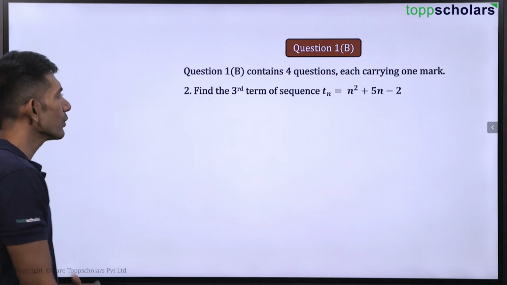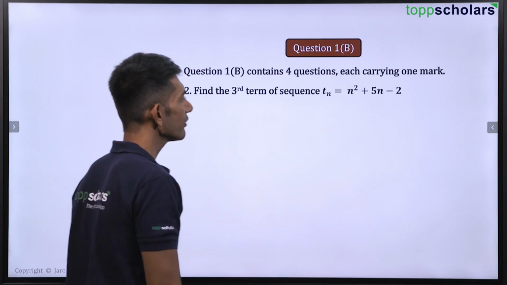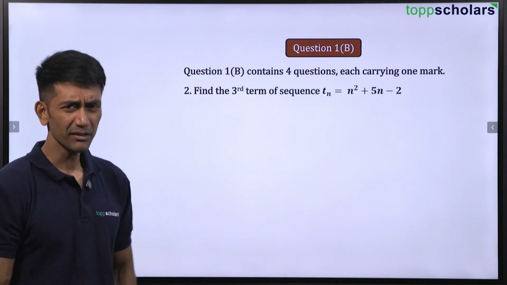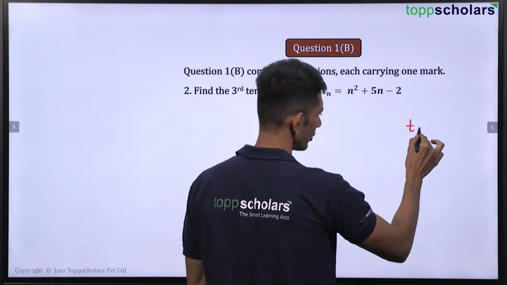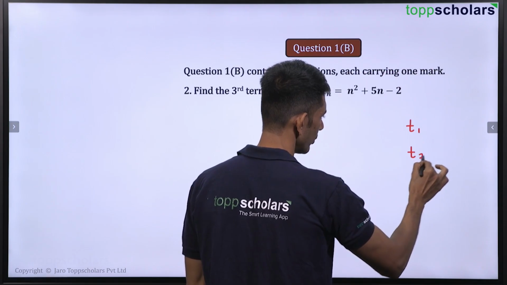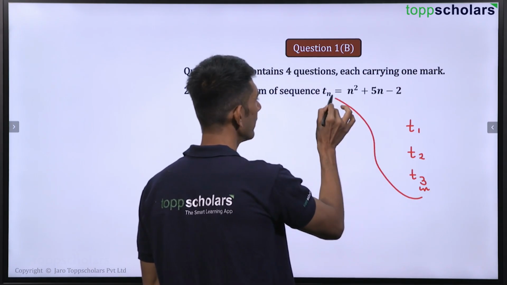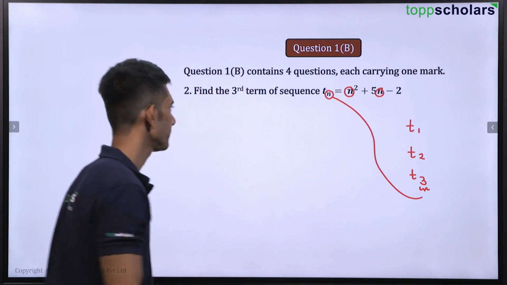So let's have a look at a new question now. It says, find the third term of the sequence Tn is equal to n square plus 5n minus 2. This is very simple. See, whenever we talk about the first term is denoted by T1, second term is T2, third term is T3. So wherever you have n, just put 3, that's it.